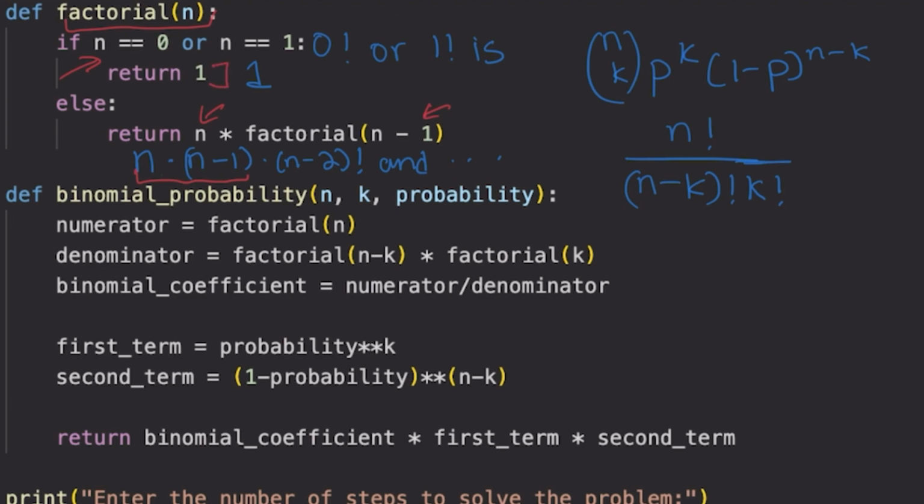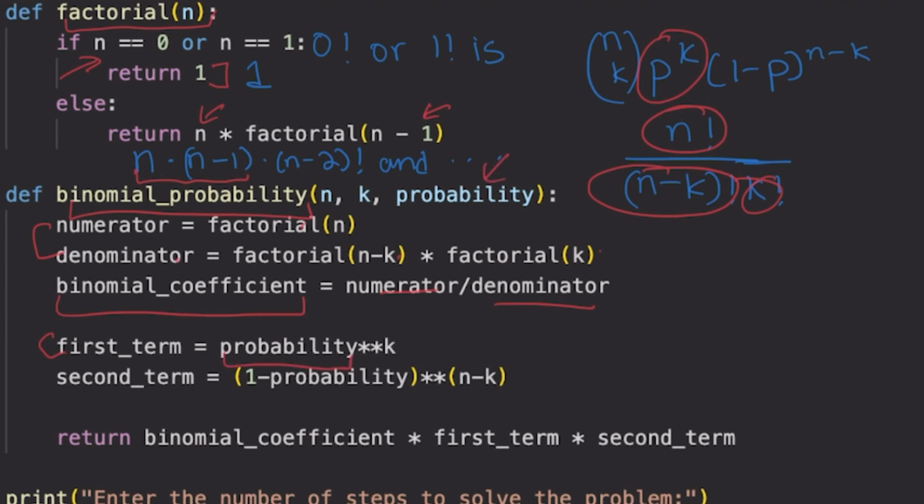And then for the binomial probability section of the function, we're going to calculate our numerator. For n factorial, we call the function. For the denominator, we call the function for n minus k, and for k factorial. And then for this binomial coefficient, we divide our numerator by the denominator. And for the first term, we simply do p to the k power. So we get our probability from here, probability to the k power.